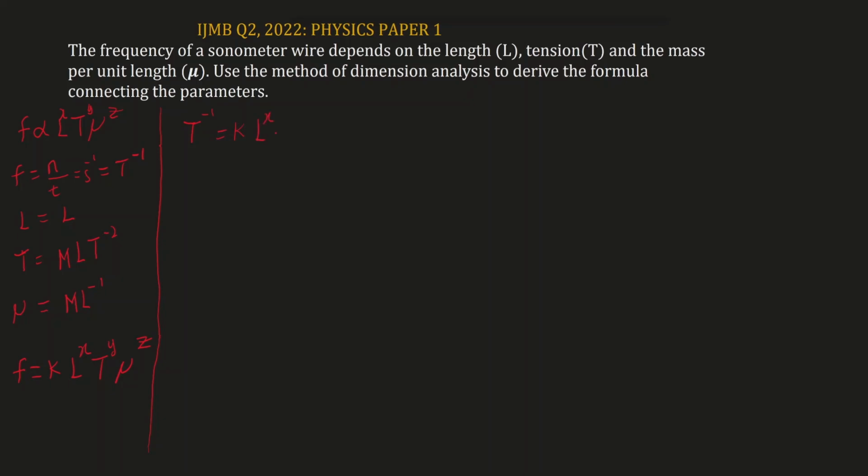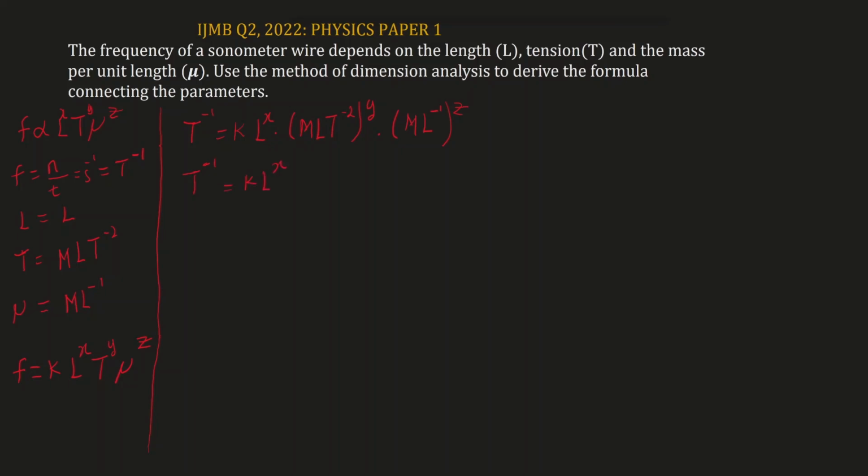Dimension for tension is MLT to the power of -2, all to the power of y. Then dimension for linear density is ML to the power of -1, all to the power of z. Going forward, we have T to the power of -1 equal to k, L to the power of x.